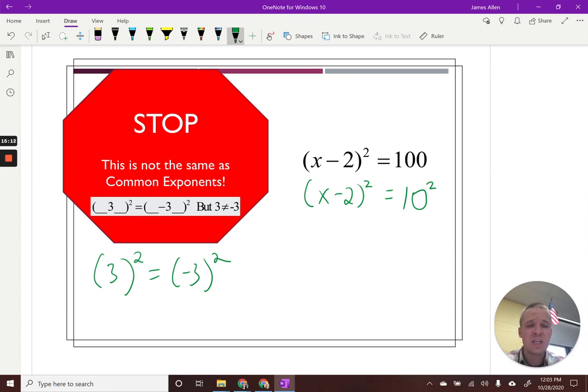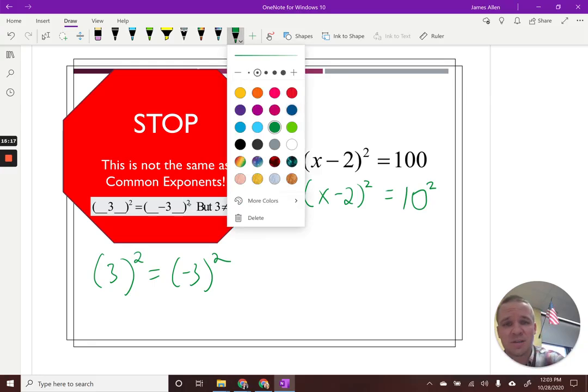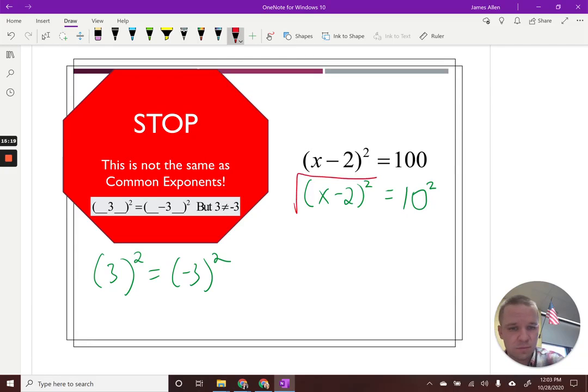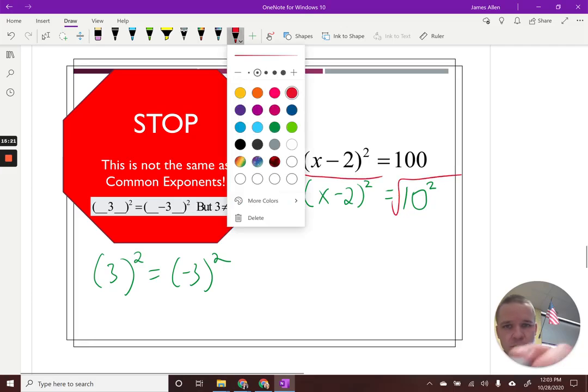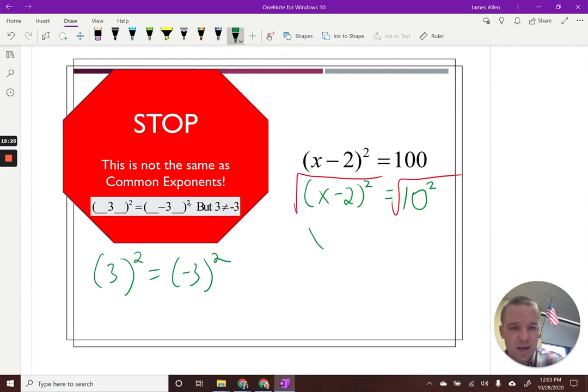So what we're going to do is take the square root of both sides to solve. And I'm going to be left with x minus 2 is equal to plus or minus 10.